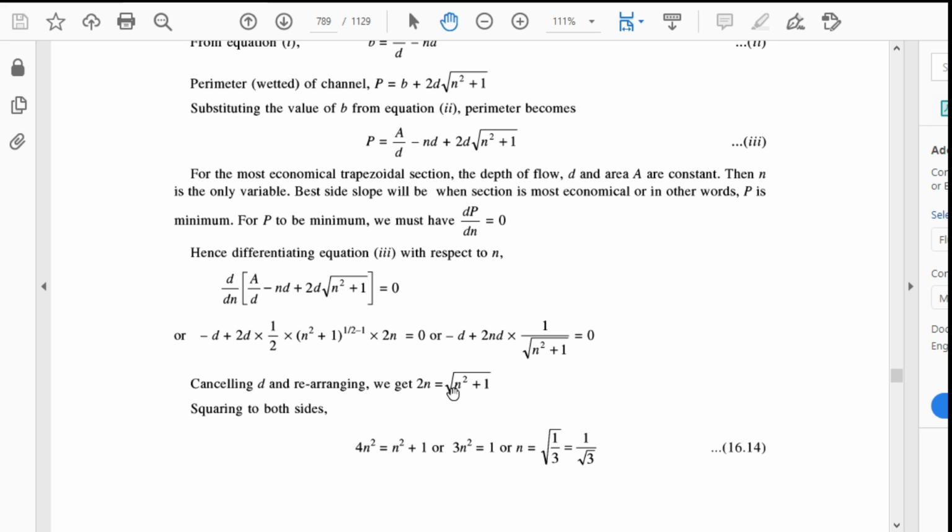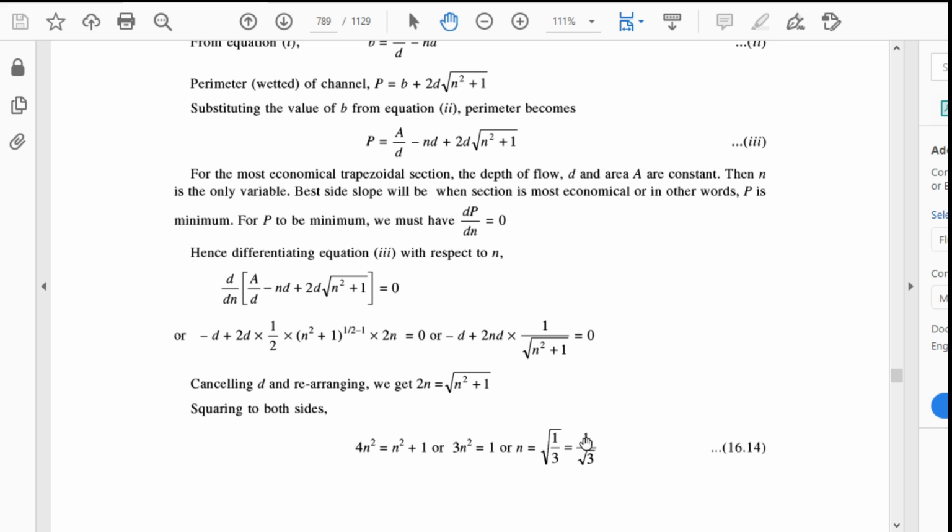Now here you can see that there is a square root, so we have to cancel this square root. For cancelling this square root, we have to square both sides. We square the 2n, and we square this whole root also. So we'll get the n value as square root of 1 by 3.